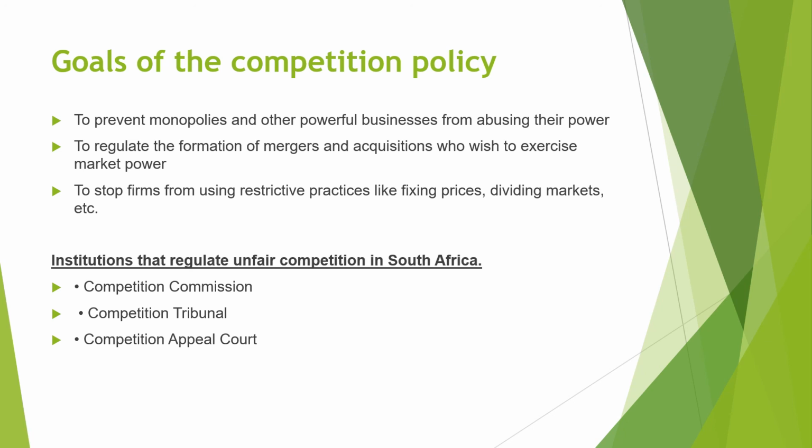It also aims to regulate the formation of mergers and acquisitions to exercise market power, and to stop firms from using restrictive practices like price fixing and dividing markets. And then the institutions that regulate unfair competition in South Africa are the Competition Tribunal, the Competition Appeal Court, and the Competition Commission.